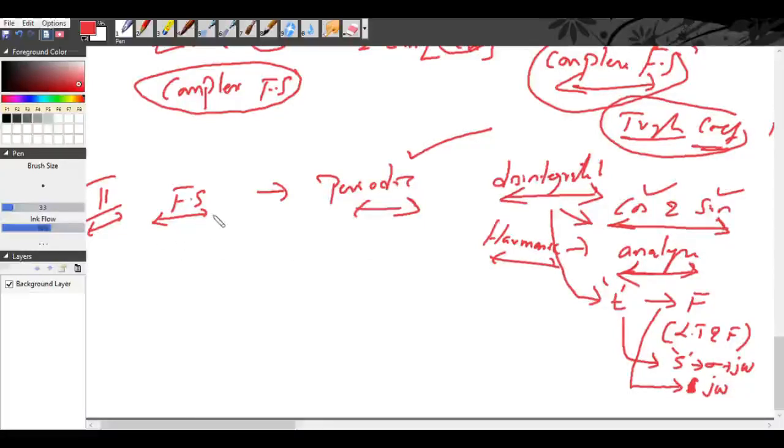So again I am repeating, this Fourier series is useful for applying frequency analysis on any periodic signal, but with a condition. If you ask whether we can analyze every periodic signal, the answer is no. Keep it in mind, even though the Fourier series is applicable for the analysis of periodic signals, there is a condition.